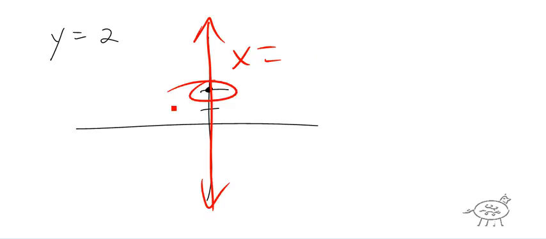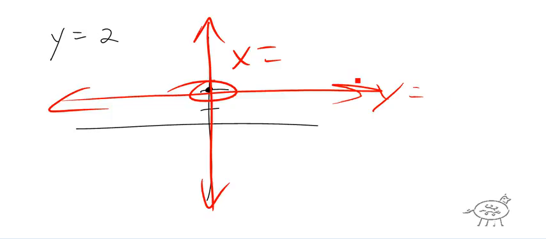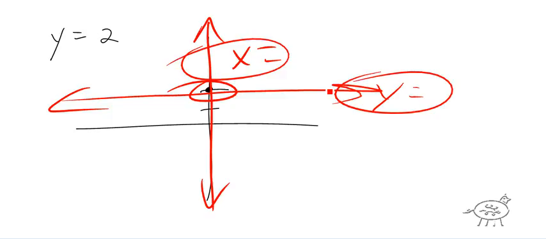Okay, if I want to go through this point, it goes this way. This is y equals. Okay, so be careful about that. Y equals is not the same as the y-axis. It just goes through the point like this. This is y equals 2 because it's going through the point 2 on the y-axis.